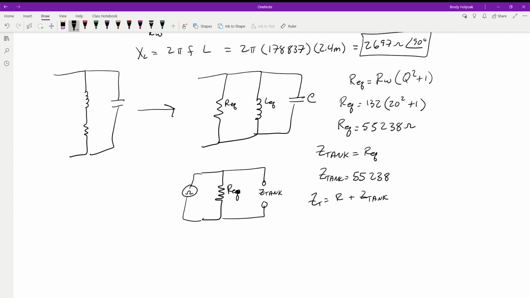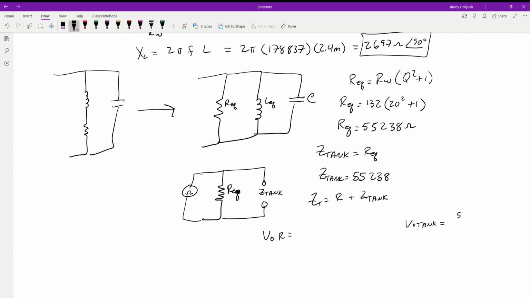So since we do that, we don't even have to worry about finding the current now. We're going to solve for the voltages across our resistor, and we're going to solve for the voltage across the tank. With the voltage across the tank, we're using voltage divider.